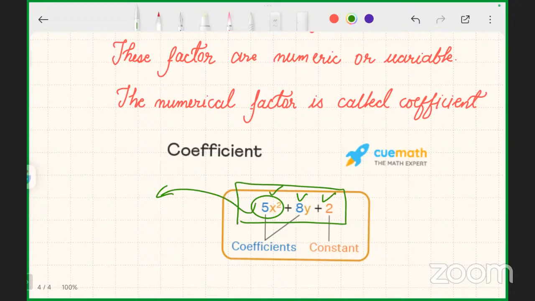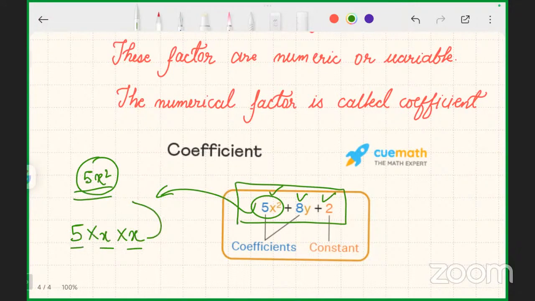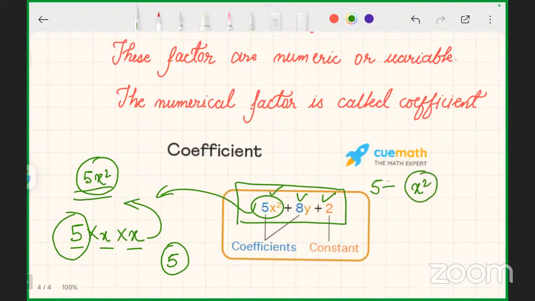So let's take one term, that is 5x square, and this term has how many factors? It has 5 times x times x. These all are the factors of this term. So what is the numerical value right here? It is 5. So we say 5 is the coefficient of x square.